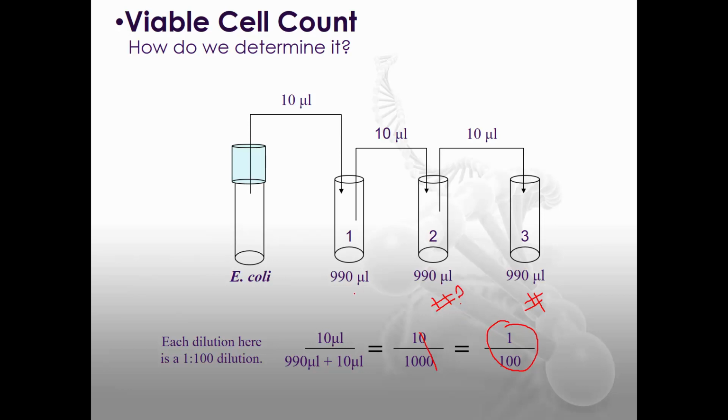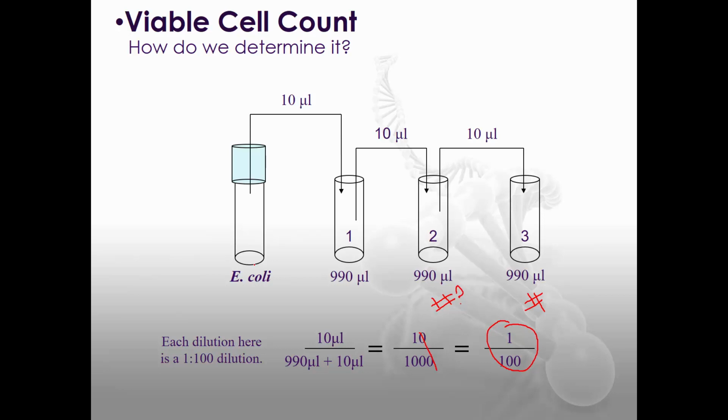And how many would you find here? 100 times more. And so how many would you find here from here? 100 times 100 more. And so how many would you find here? 100 times 100 times 100 more. Or 10 to the 2, that's another way of saying 100, times 10 to the 2, times 10 to the 2. So 10 to the 2, 4, 6. 10 to the 6. That's the dilution.